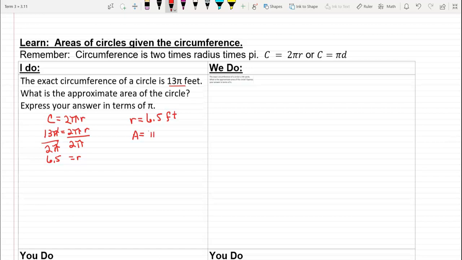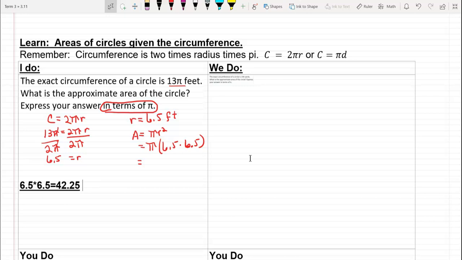Our area formula for a circle is pi times the radius squared. We'll leave pi alone because it says to express our answer in terms of pi, but we will need to multiply 6.5 times 6.5. So let's see here. What is 6.5 times 6.5? 42.25.